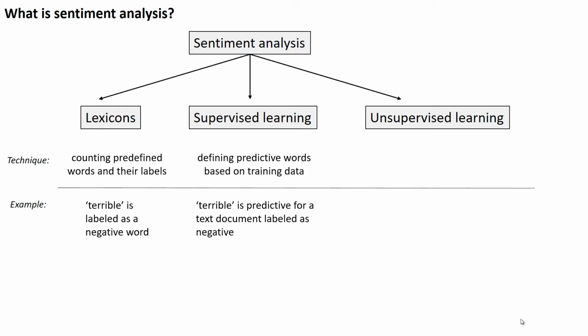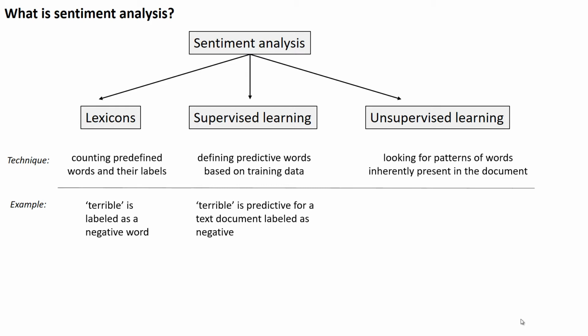Third, you could also do sentiment analysis in theory with unsupervised machine learning, although it is very uncommon. In unsupervised machine learning, the algorithm will just look for patterns of words that are inherently present in the document. So you don't give the algorithm training data that is labeled. You just give it the raw text without the labels.